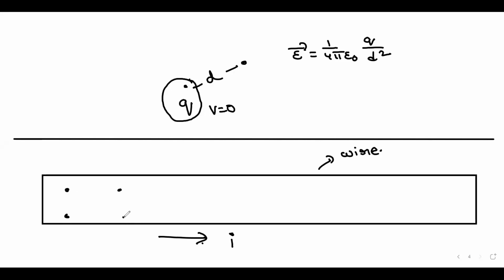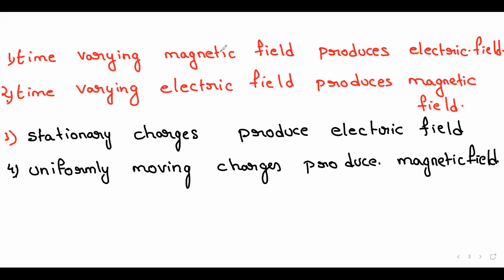In this wire, these charges move in this direction with uniform velocity, I can say it as Vd. So steady current is nothing but charges in uniform motion.